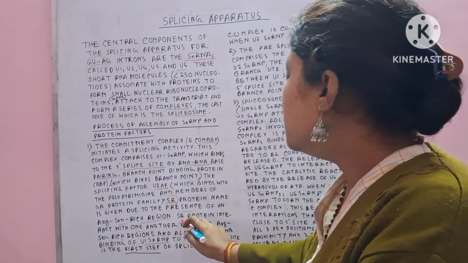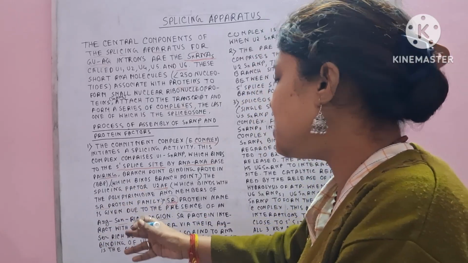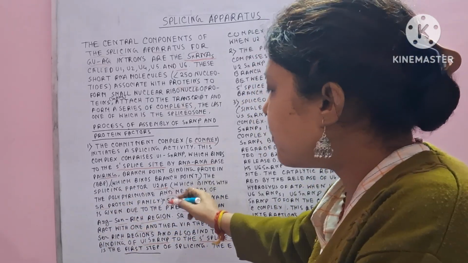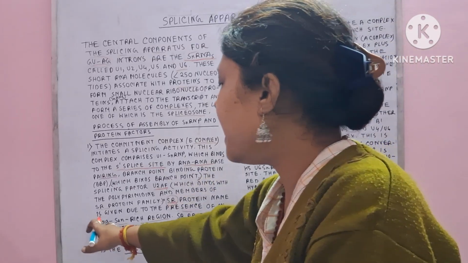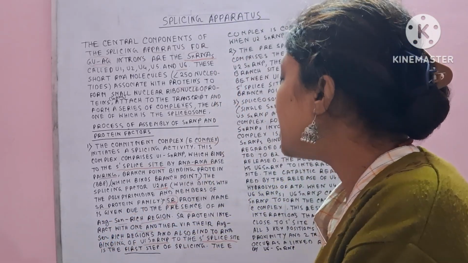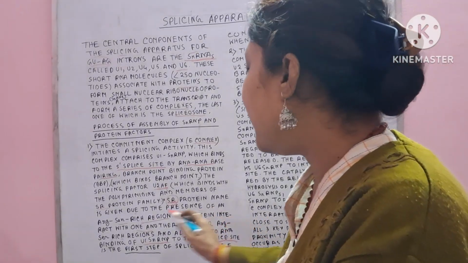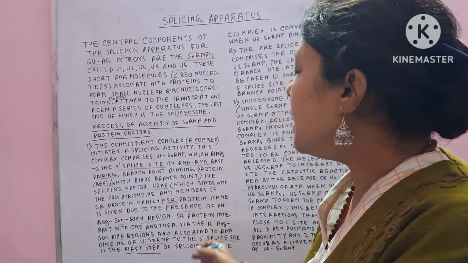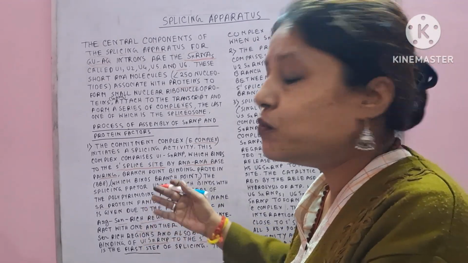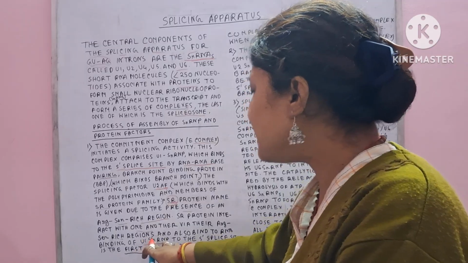These SR proteins interact with each other, and the name is given because they are found generally in ARG and ACR rich regions. They interact with each other by their ARG and ACR rich regions, and they can also bind with U1 snRNP.